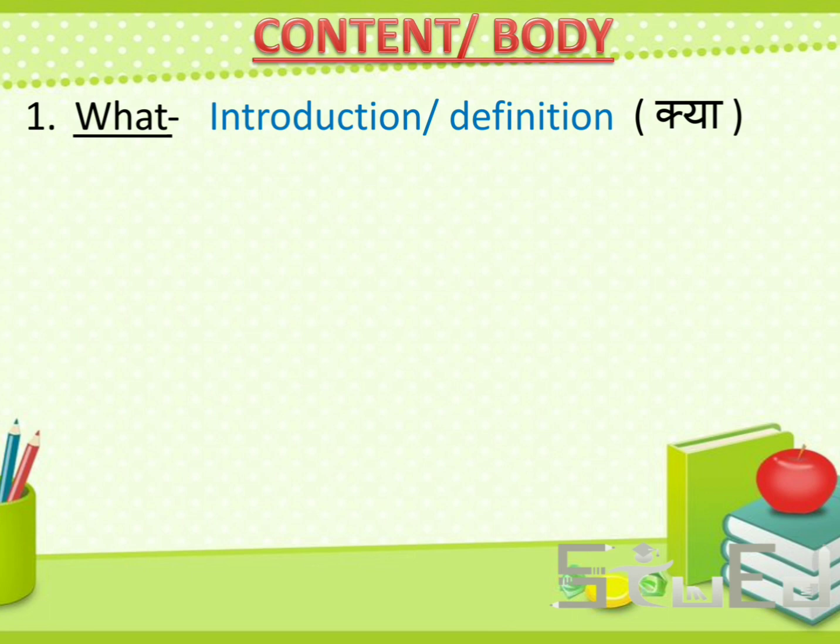Okay, so in first paragraph you have to write what that problem is. That means the introduction or the definition of that particular problem or the thing you are writing about. In the second paragraph we write why. That means क्यों or the causes of that particular thing. Okay, क्यों हुई वो चीज़.